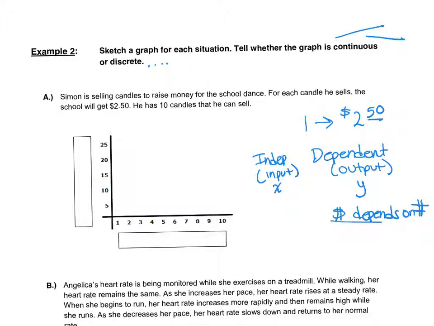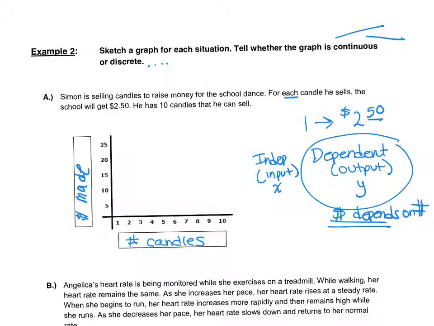So that means that if the dollars depend, that is the Y. So the amount of dollars made would go here, and the number of candles go here, because the number of candles is the independent value, and the amount of money is the dependent.